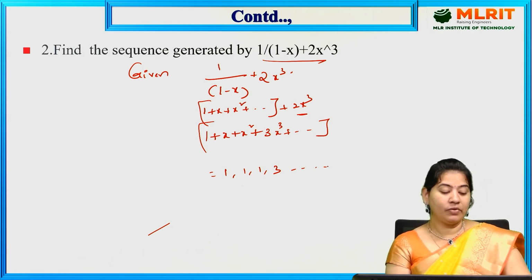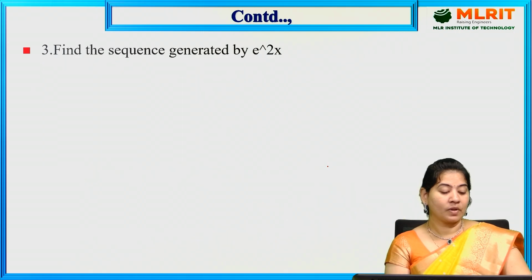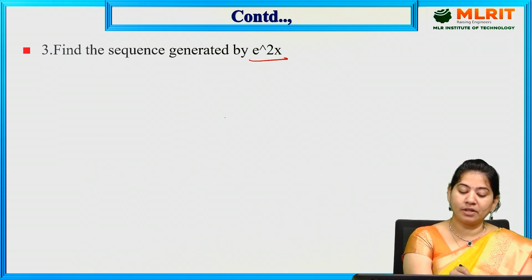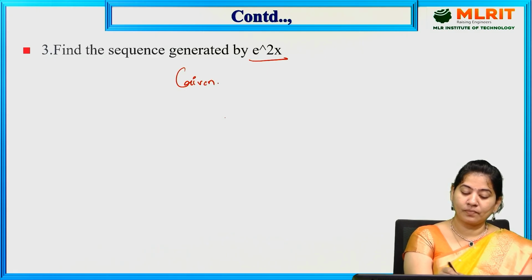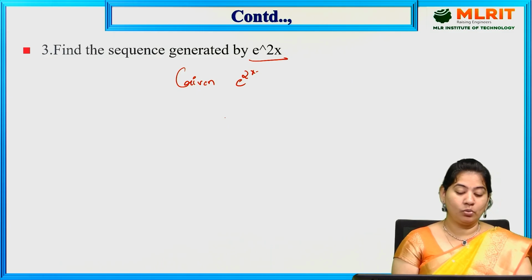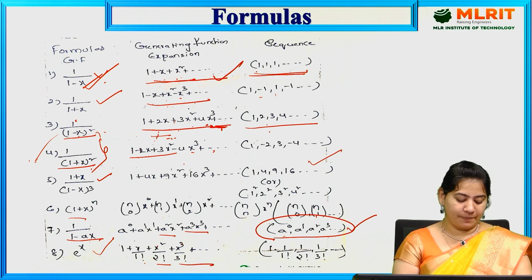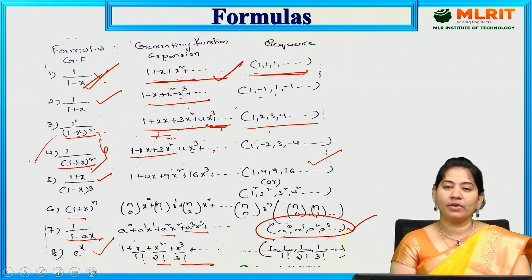In the same way, we have another question, where the given generating function is e power 2x. We know the formula for e power x, which is nothing but 1 plus x by 1 factorial plus x square by 2 factorial plus x cube by 3 factorial.